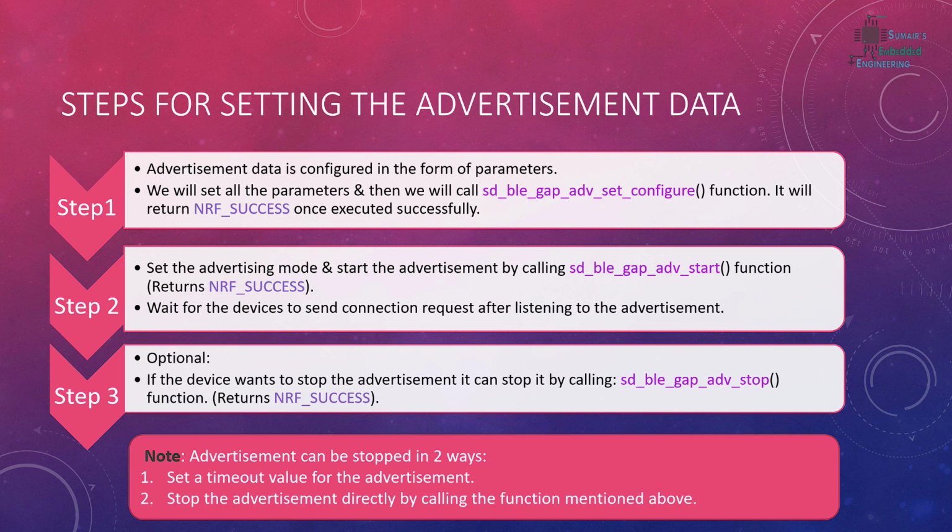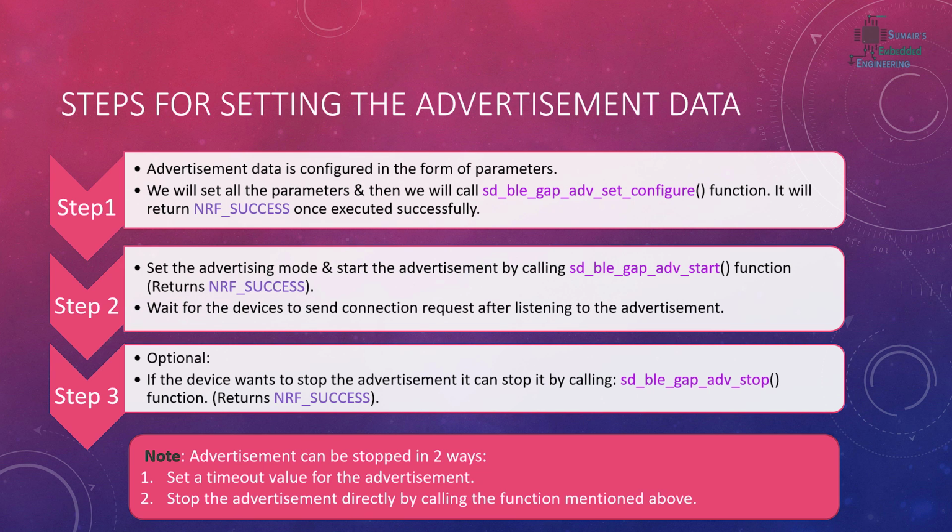For the basics, the first step is that the advertisement data is configured in the form of parameters. Basically, we have a structure that will hold all these values. We will see that structure in a couple of minutes. First, we need to see what functions are there and what we need to know before we can program the advertisement. So we have all the basic knowledge that we needed, and now we can move on.